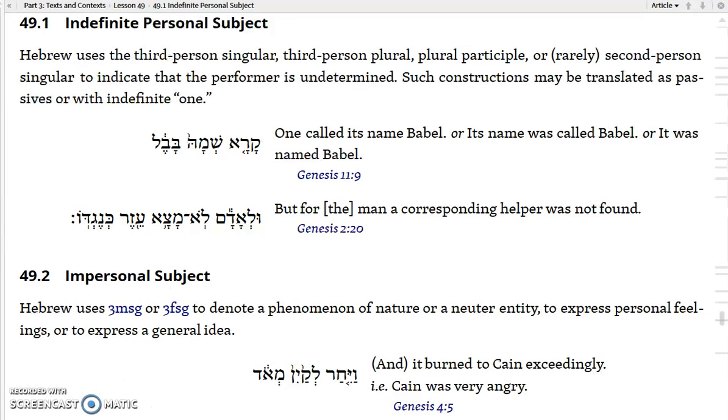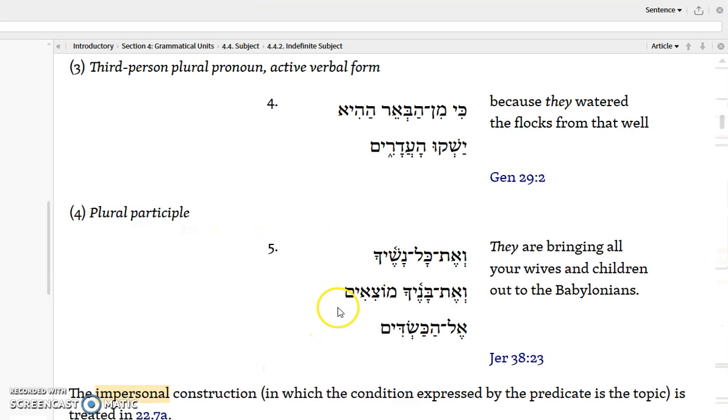This kind of formulation will also occur in plurals. Plural forms will also sometimes do the same thing. Here I've gone to Waltke and O'Connor, Hebrew Syntax.